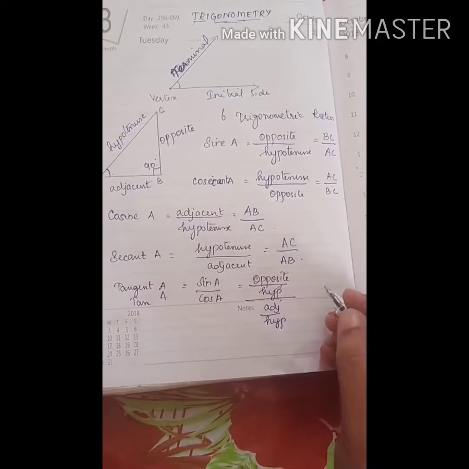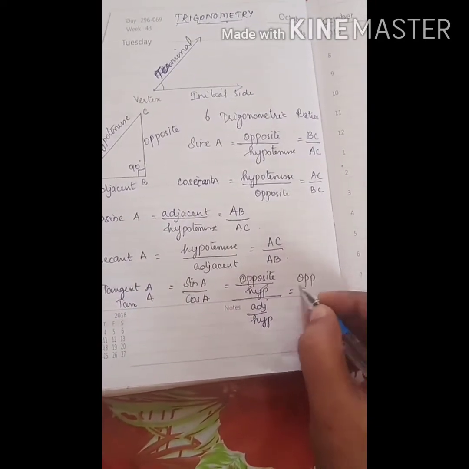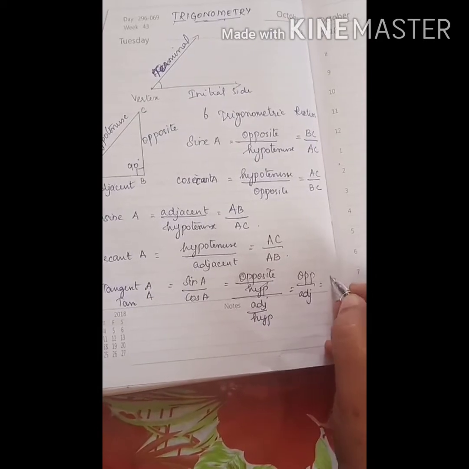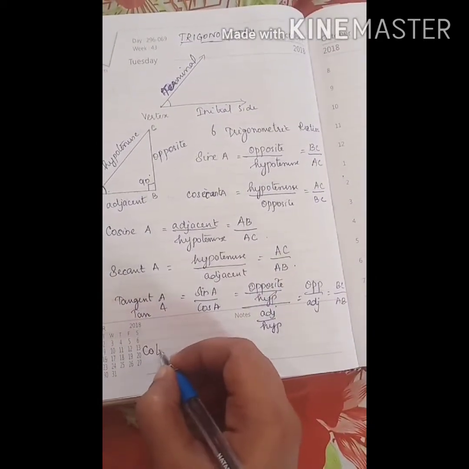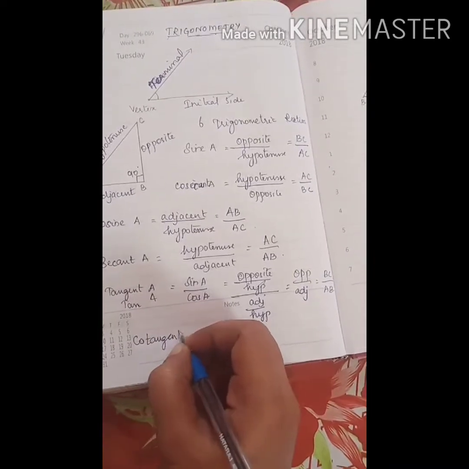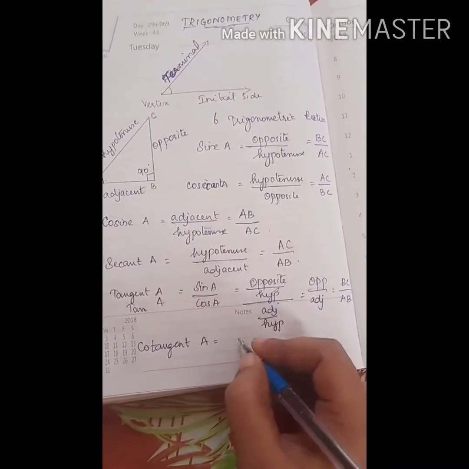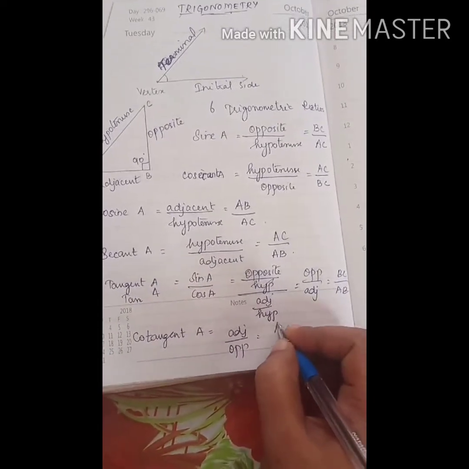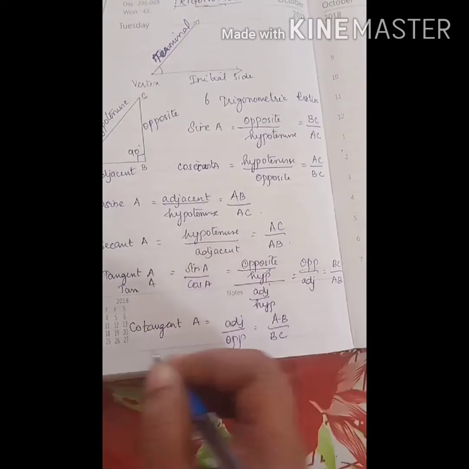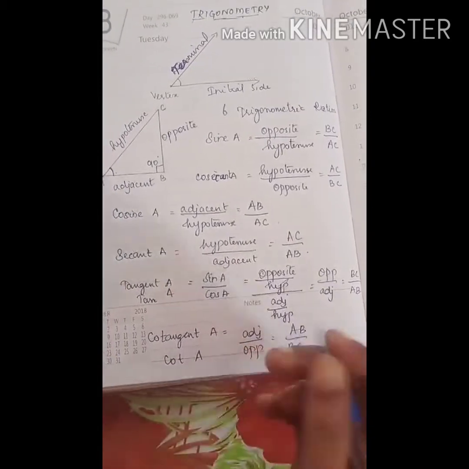The hypotenuse and hypotenuse get cancelled, so it is opposite by adjacent, that is BC by AB. And cotangent is the reciprocal of tangent, that is adjacent by opposite, AB by BC. We say it as cot A.